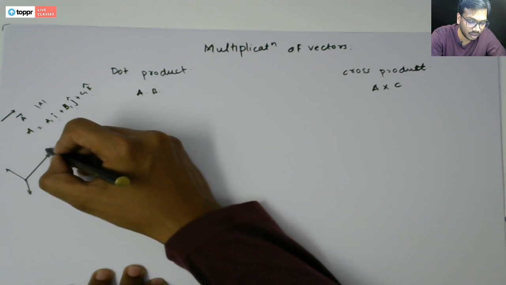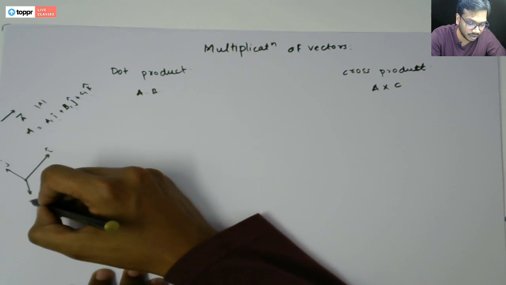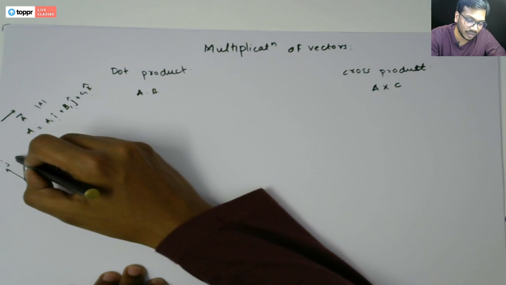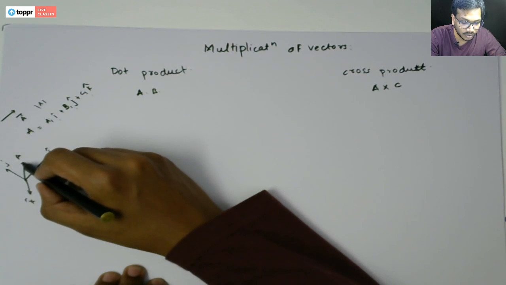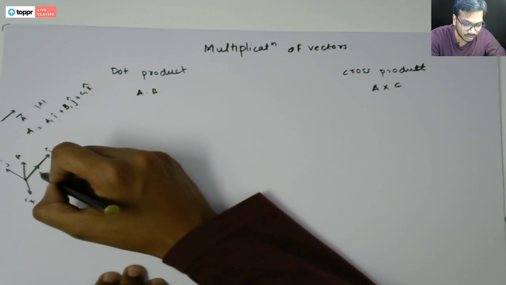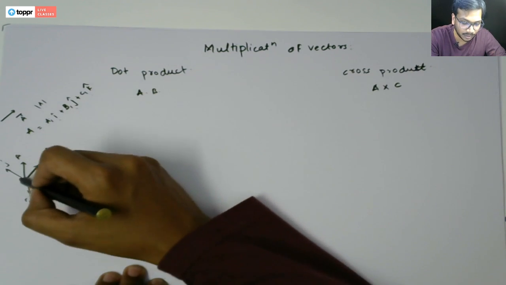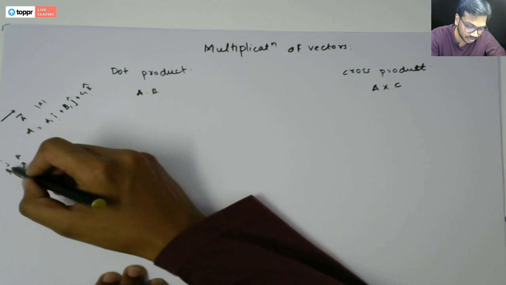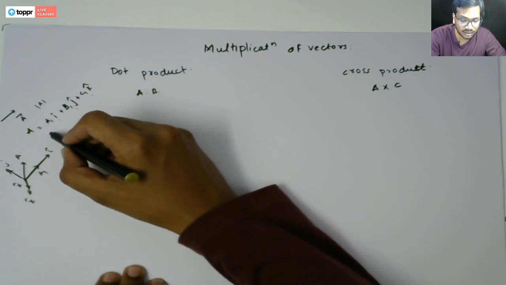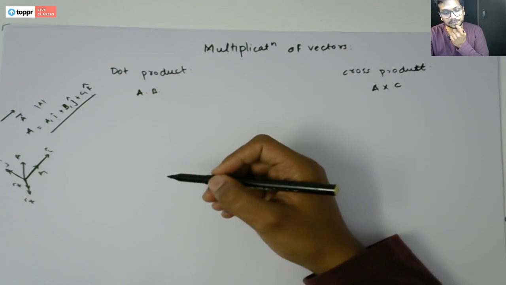Let us suppose that this was my vector A. The component of vector A in the direction of i cap is a1, similarly b1 in the direction of j cap, and similarly c1 in the direction of k cap. This is another way you can represent vectors.